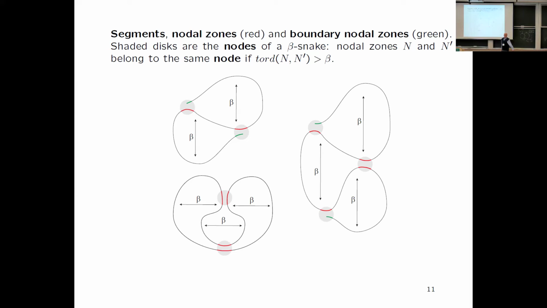It will still be a snake. These are normal arcs that are green, but they play the same role as the nodal zones. They are just the result of our snake maybe being part of something, and we just cut it there to make it a snake.